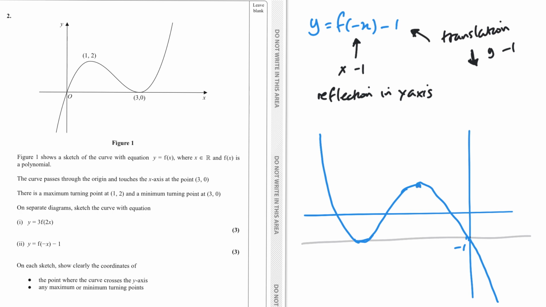We've lost 1 from our y, and our x has become the negative version. So -1, 1 for this one. Obviously I've already put in that we're hitting the y-axis at -1. And when I think of this point here, we've moved it into -3 and then brought it down 1, so -3, 1. Now we don't have the information to find these other points, nor does the question ask for it. It wants the y values and the maximum or minimum turning points.